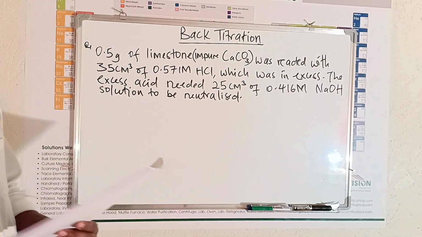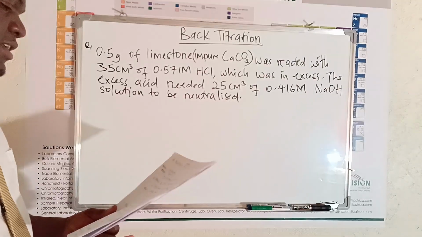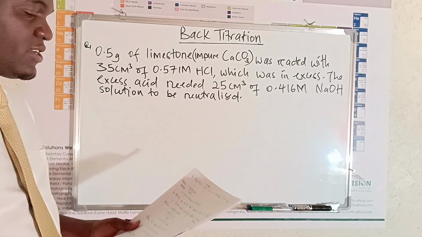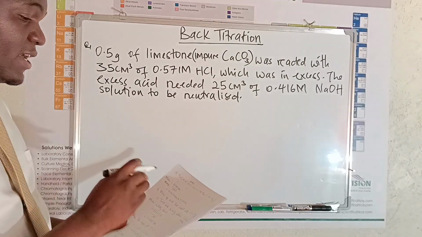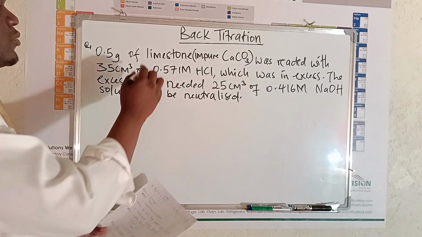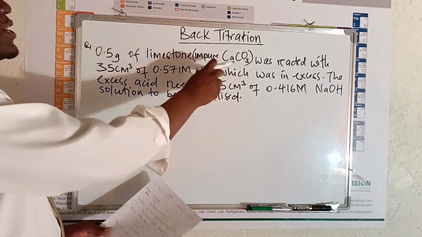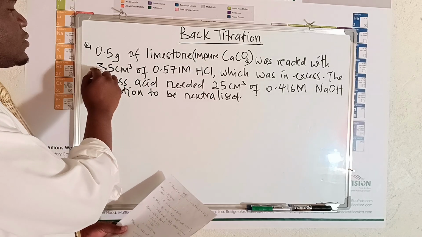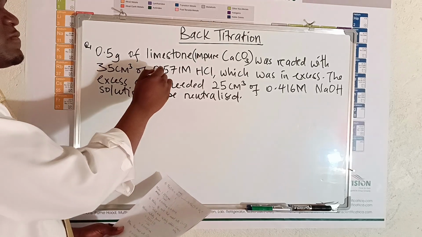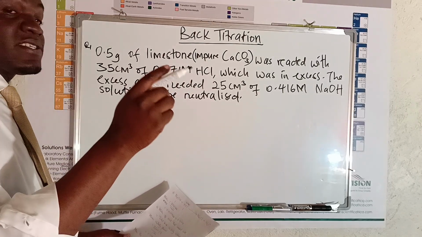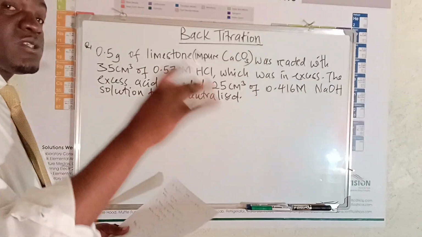Now, the second question from this problem is calculate the moles of acid that reacted with the calcium carbonate. We know what we poured initially: 35 cubic centimeter of this molar HCl, and it was in excess. And we've already determined how much was the excess.